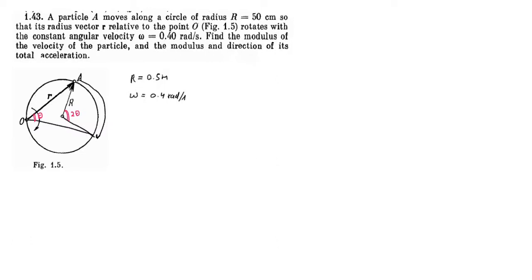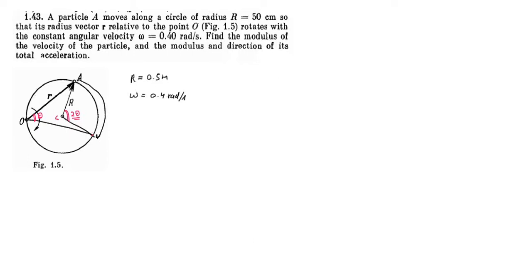Suppose this point A moves by this distance, by this length of r in time t. That means with respect to O, it is rotated by theta in time t. Then this vector rotates with respect to center by an angle of 2 theta.